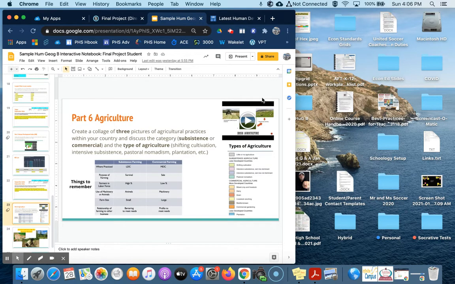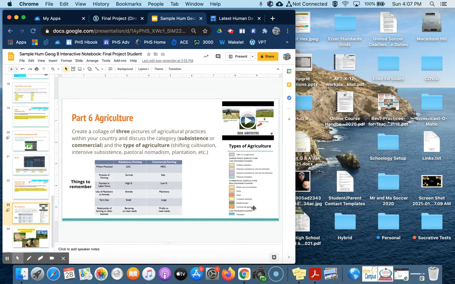Part 6, the video is on the upper right-hand corner like a postage stamp. We want you to create a collage of 3 pictures of agricultural practices within your country. Discuss the category that they have and the type of agriculture. So remember, subsistence is going to be more likely found in less developed countries. If you're doing a developing country, I wouldn't be surprised to find a few examples of that here.